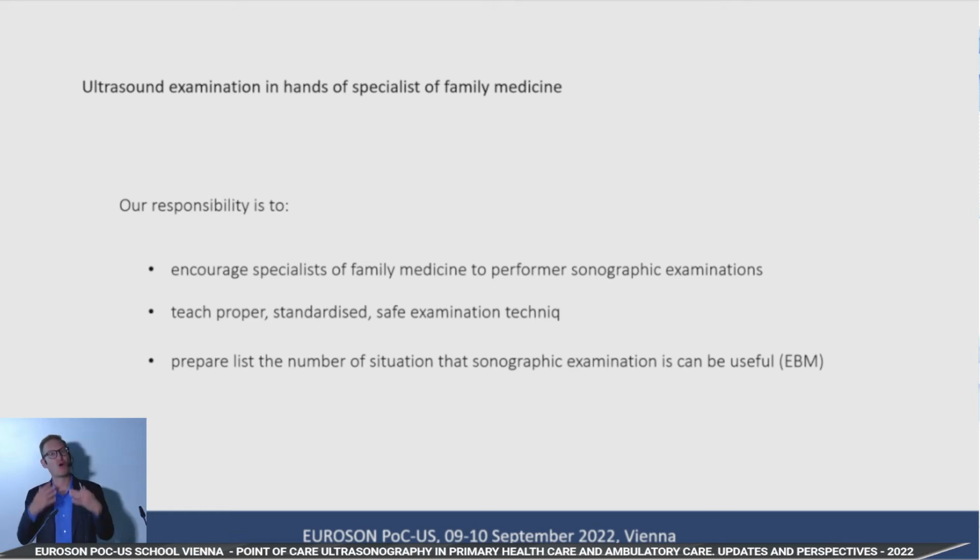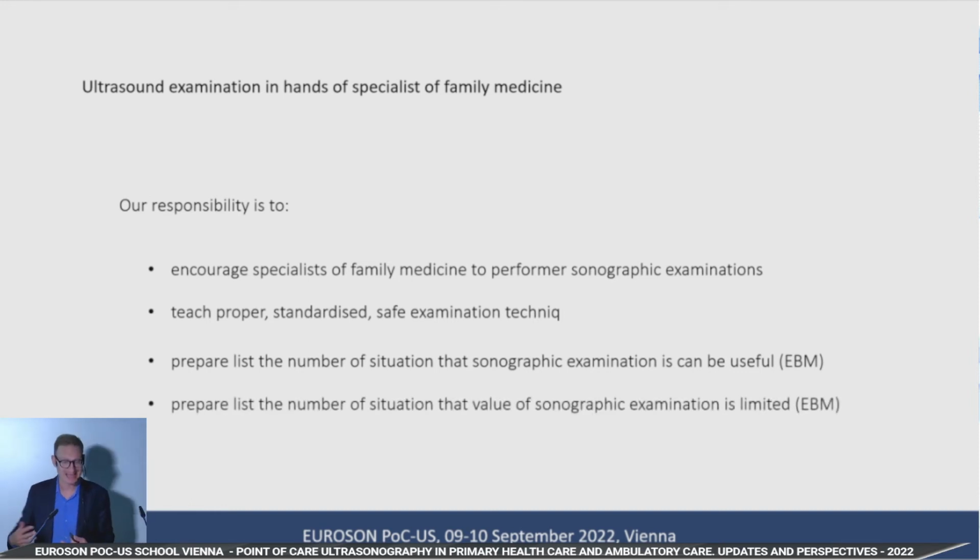Not the list of organs, but a list of symptoms and situations where the sonographic examination is useful, considering evidence-based medicine, as well as the list of number of situations that the value of sonographic examination is definitely limited.